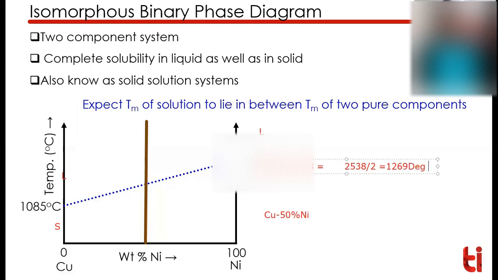It means this alloy should melt at 1269 degrees Celsius. So that melting point is here.